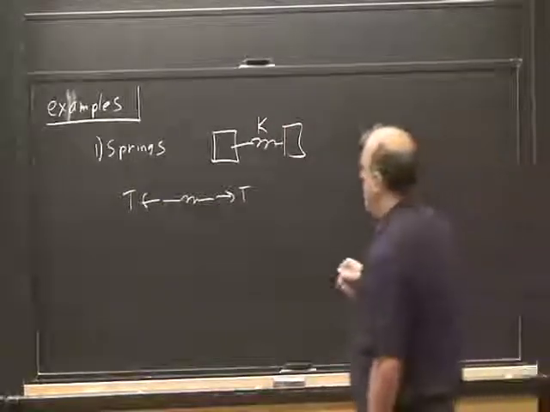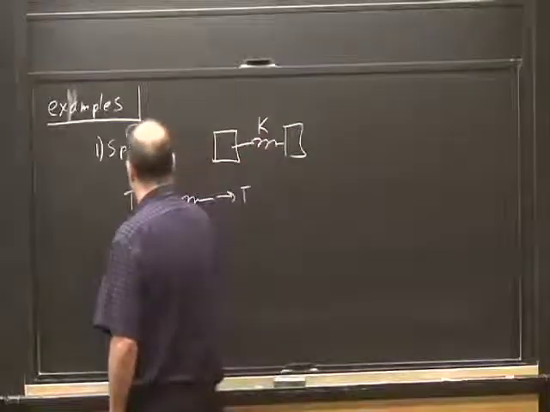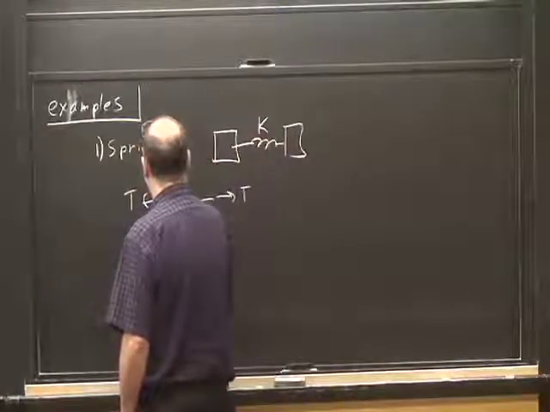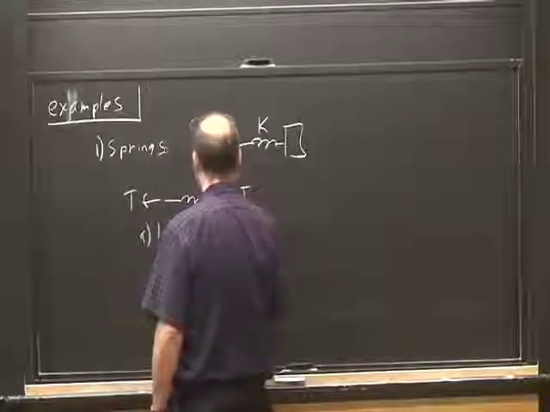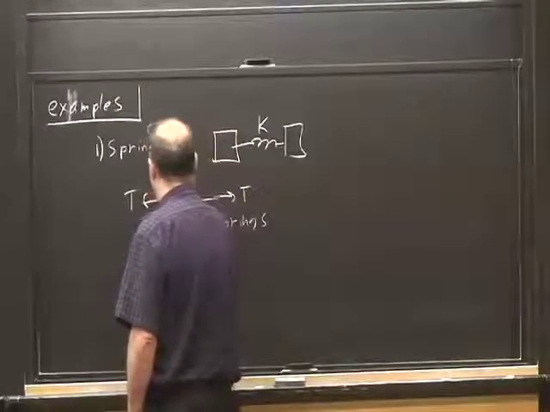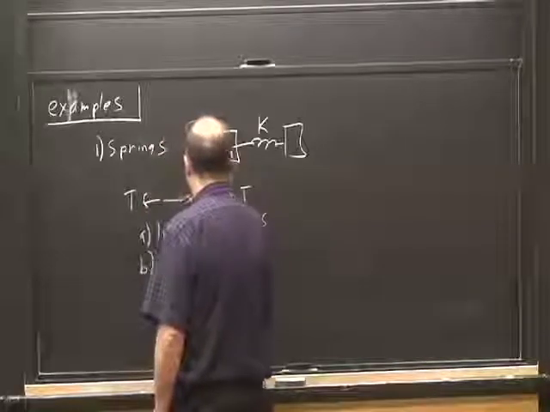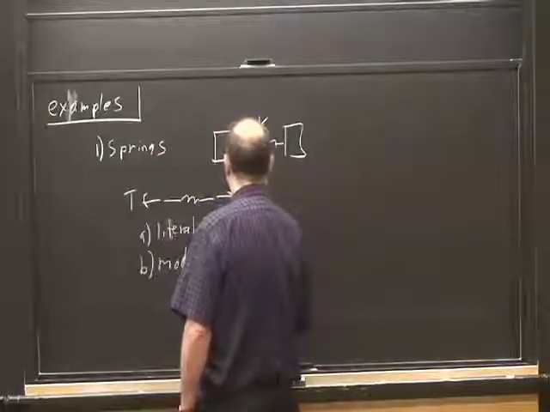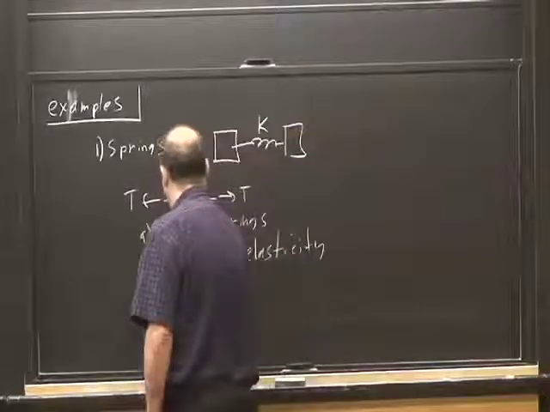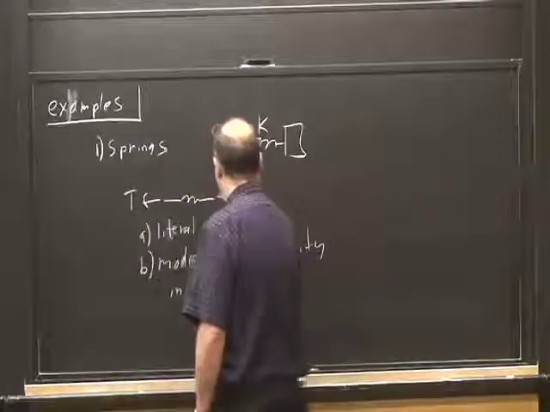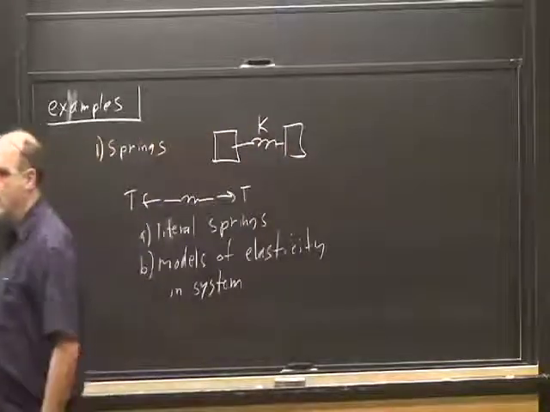Now, springs can be of two types. They can be literal springs, or they can be models of elasticity in the system. So when we say a model, we have two things which are somehow interacting.